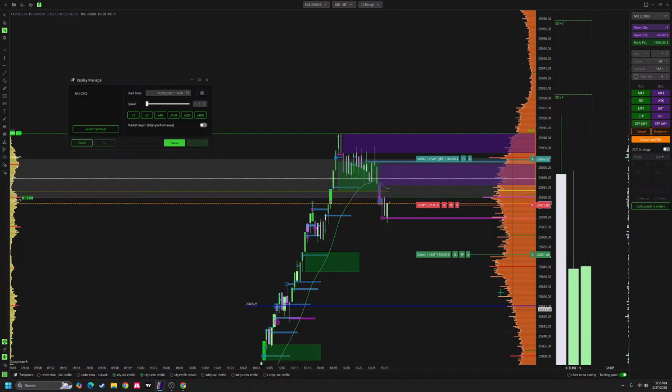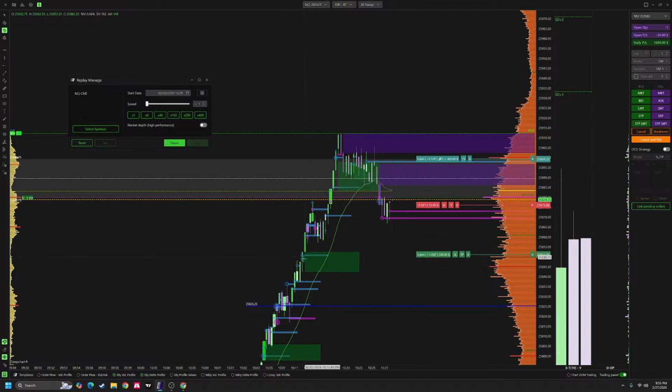We do need to get to this level where sellers just got absorbed by buyers again. We could clearly just continue up here, right? But we're going to assume that we can get back to this buyer's imbalance where there might be some more transactions to kind of clean up this area.